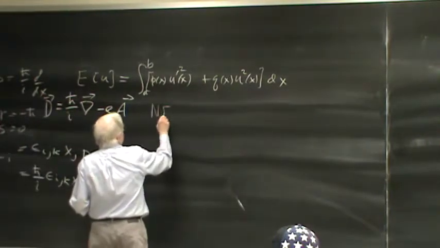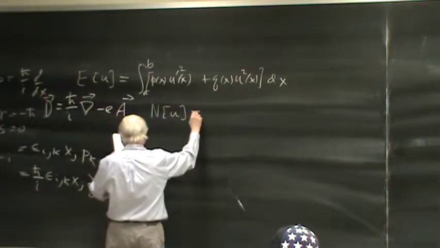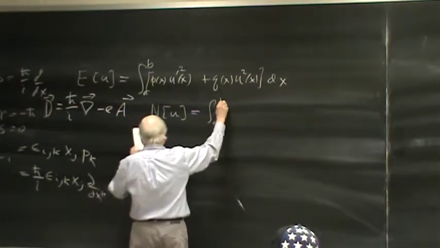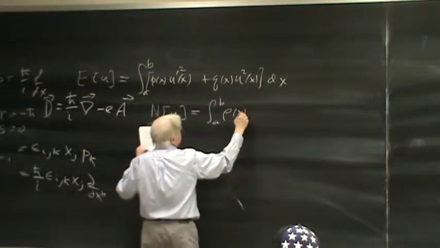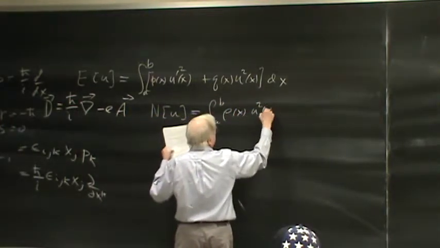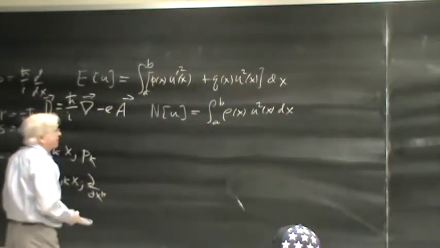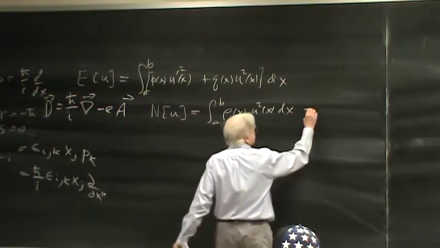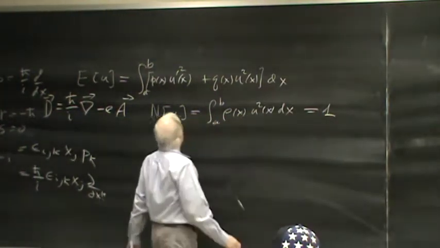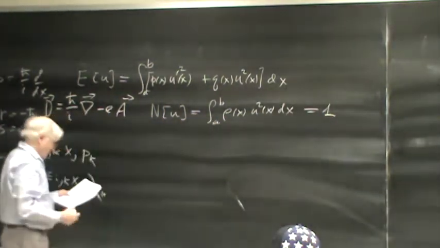So we're going to define a normalization as the integral from a to b of rho of x, u squared of x, dx. And so what we want is to have this equal to 1 and minimize E.